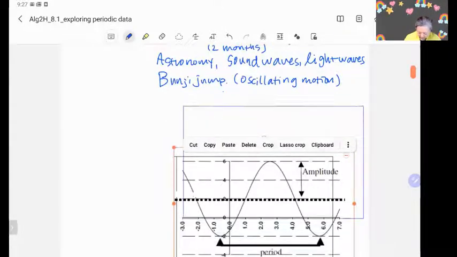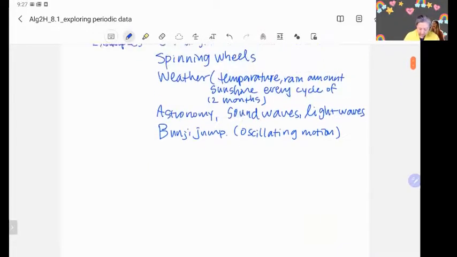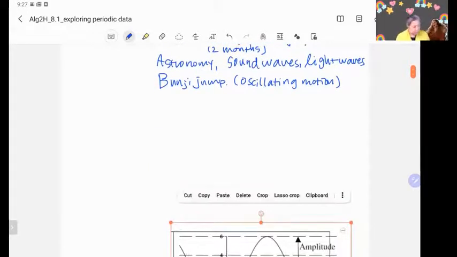Okay, then if we make this data into a rule, a function, we will see the graph go like this.